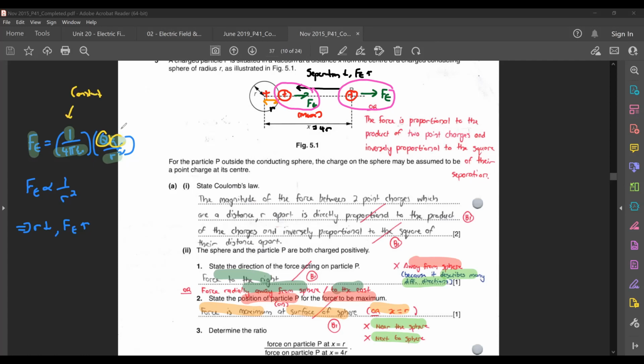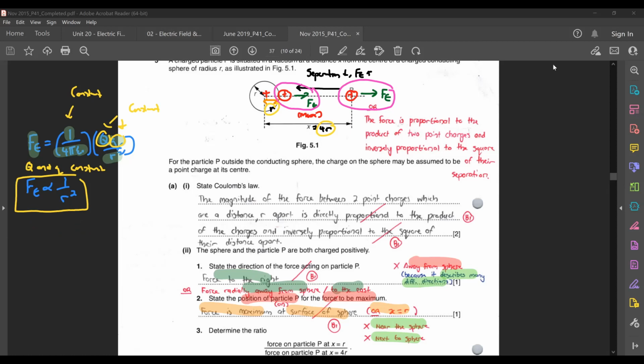The q that you have here is also a constant, because no matter whether you put it at r or 4r, the 2 charges are still the same. So with q and q constant, Fe would therefore be inversely proportional to r squared.